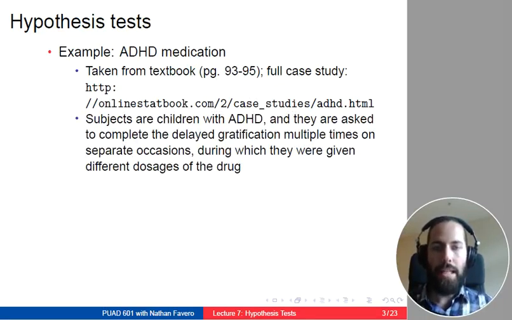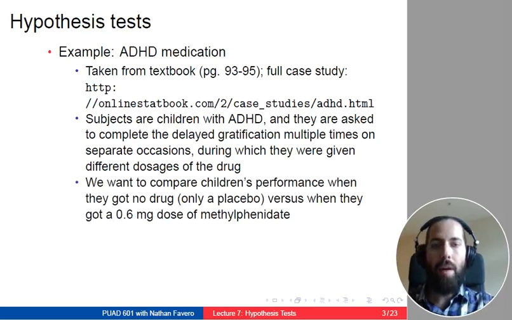The basic idea is that the subjects in this study are children who have ADHD, and they're asked to complete what they call a delayed gratification task multiple times. They're going to complete these tasks on different occasions when they either are given a drug, not given a drug, or given different doses of the drug.